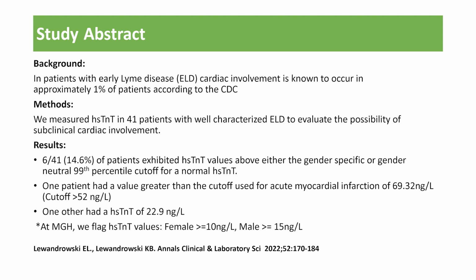Study results: 6 out of 41, which is 14.6% of patients, exhibited high-sensitivity troponin T values above either the gender-specific or gender-neutral 99th percentile cutoff for a normal high-sensitivity troponin T. One patient had a value greater than the cutoff used for acute myocardial infarction of 69.32 nanograms per liter.